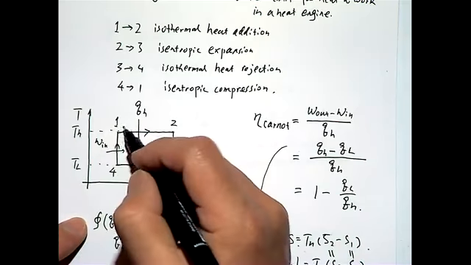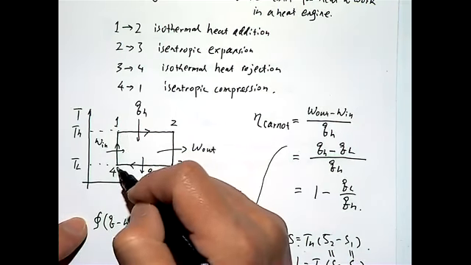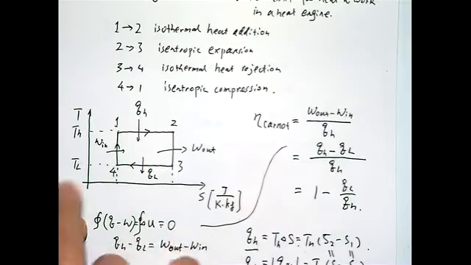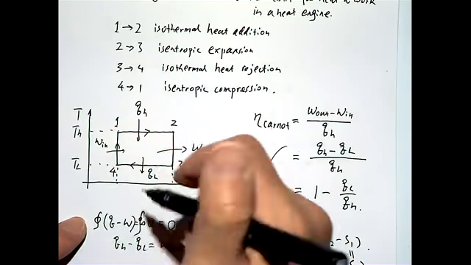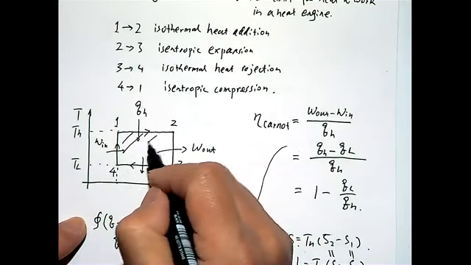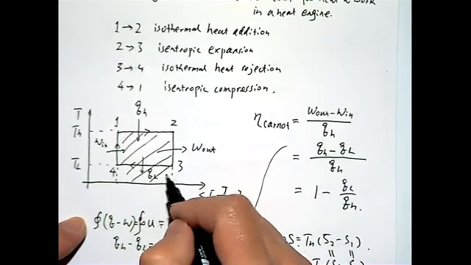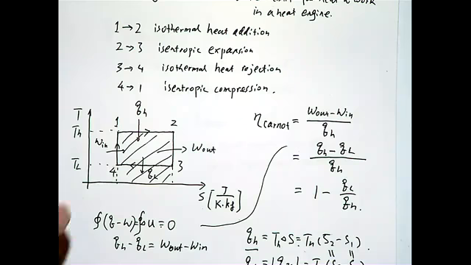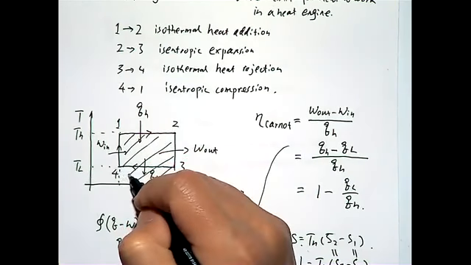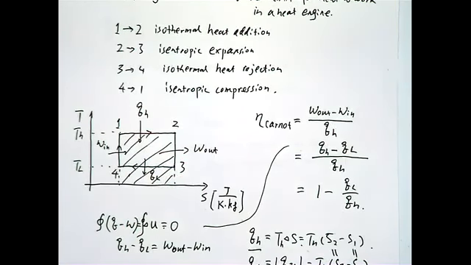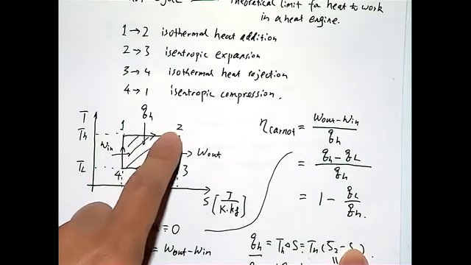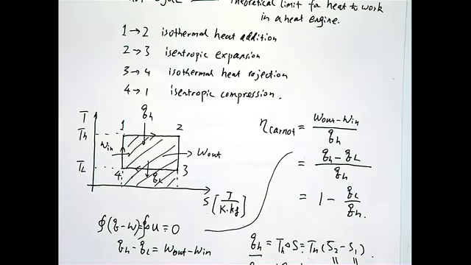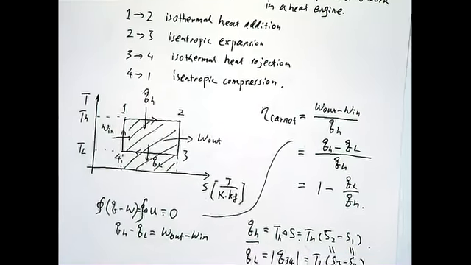It corresponds to the area underneath TH from T1 to T2. If I draw this, I have this hashed area, right? TH times the difference in entropy, that corresponds to the QH.